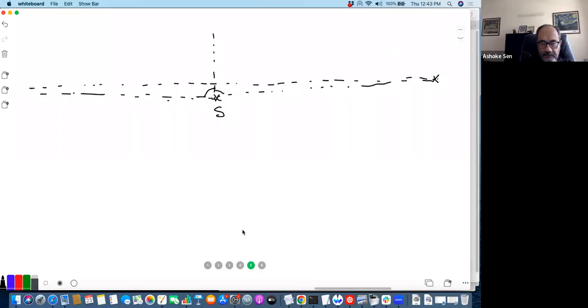Exactly. But for the kind of thing that you are interested in, both the star as well as the Earth we can think of as being very far away, almost at infinity. What is important is that the ratio of the distance of closest approach to the distance of the star and the Earth should be small.